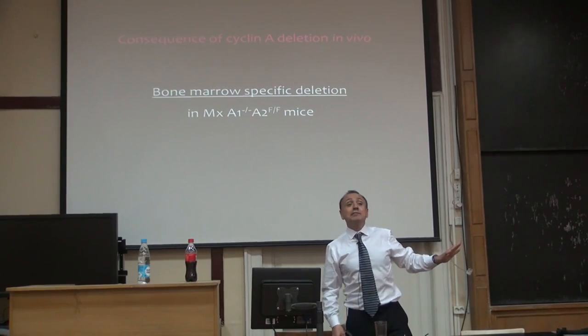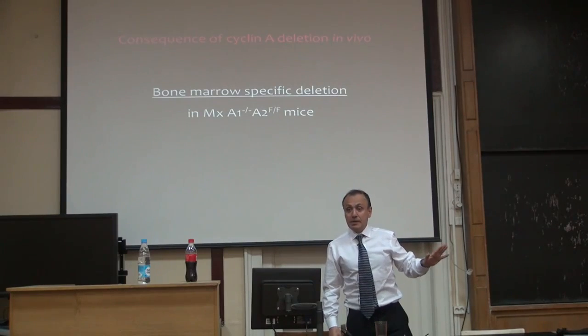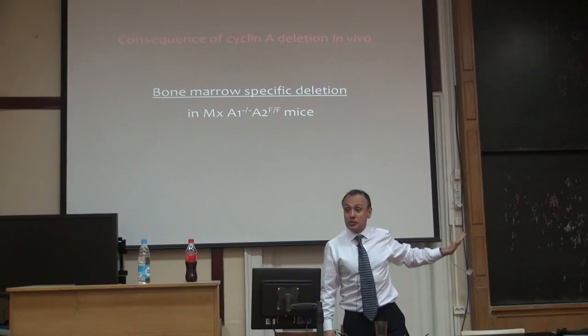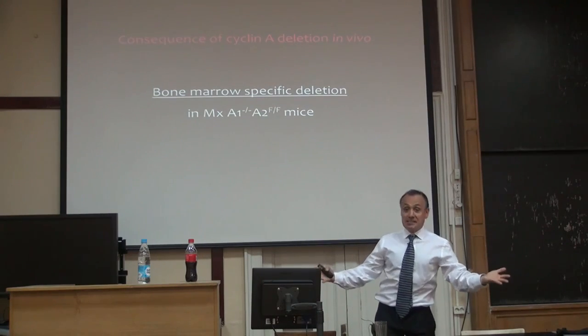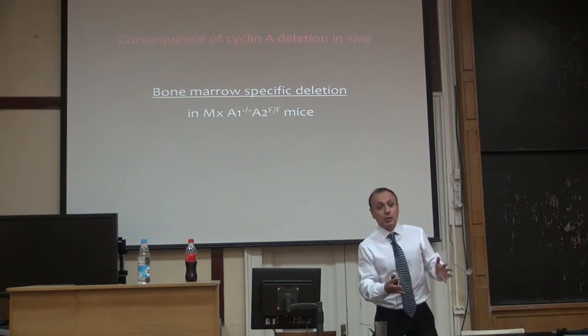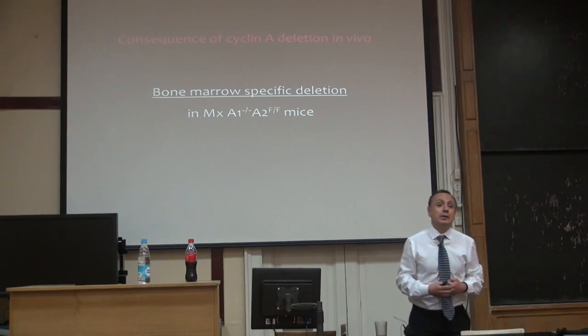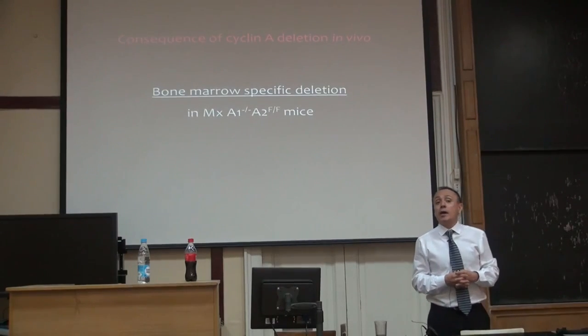I have shown you that if we knock out cyclin A in fibroblasts, there is no proliferation defect. And I told you that we have to knock out cyclin A and cyclin E to see anything. And I left you, or would have left you, with the notion that cyclin E and cyclin A are required.